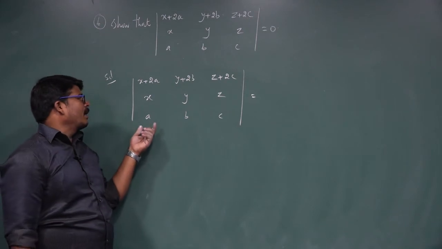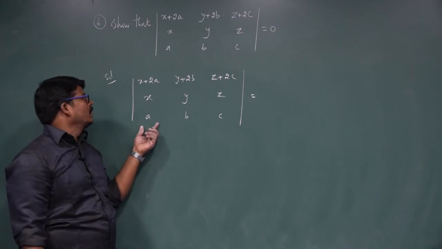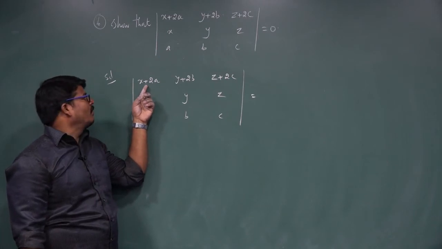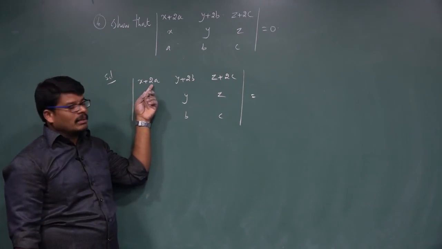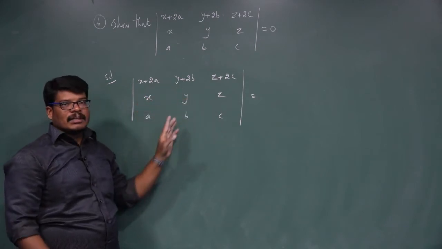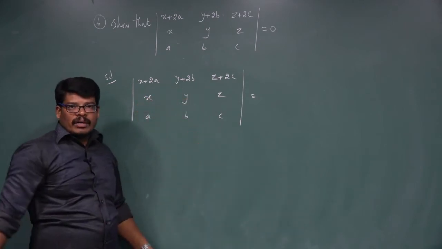By using property 7, if each element of the determinant is expressed as a sum of two or more terms, the whole determinant can be expressed as a sum of two or more determinants.